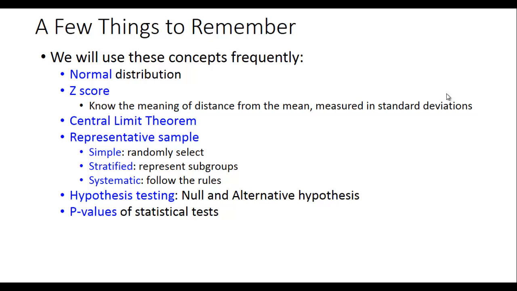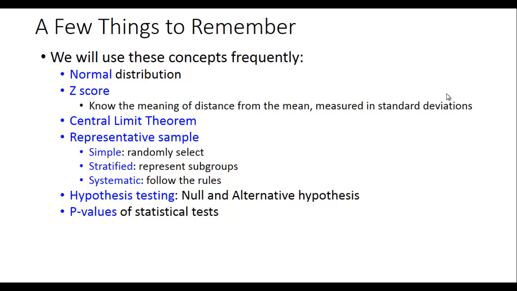In this type of sampling, we try to represent different subgroups by proportions that represent the same proportions of the population. In systematic sampling, we follow some rules. For example, if you're going to sample products every 15 minutes or every 100 units out of the production line, we follow the rules. That will be a systematic sampling.